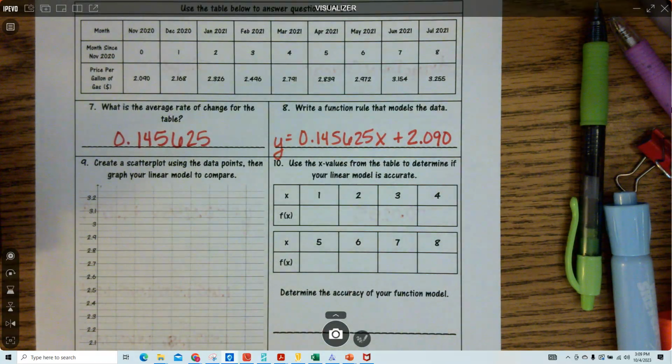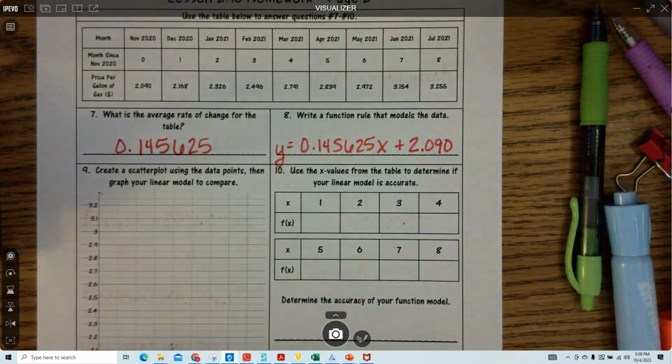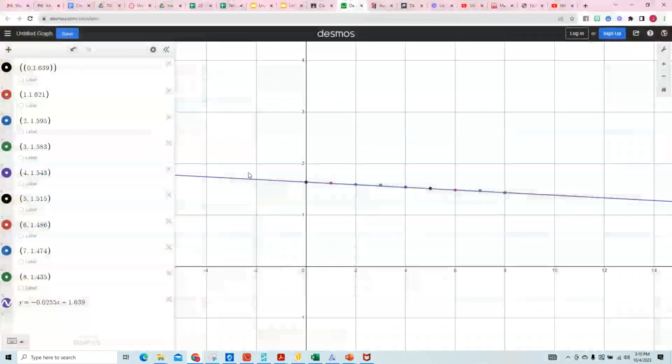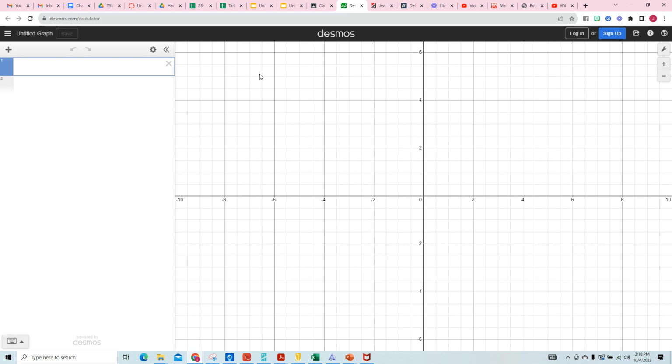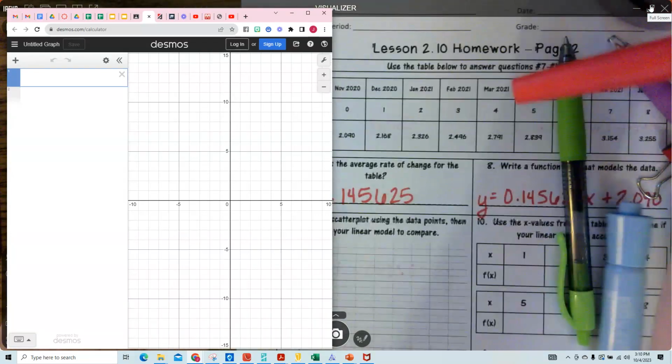I wish I had one that was not accurate so you kind of see what those look like. And so I'm just going to graph again like I did on Desmos. I'm just going to start over here. And I'm going to graph the points from this table here.